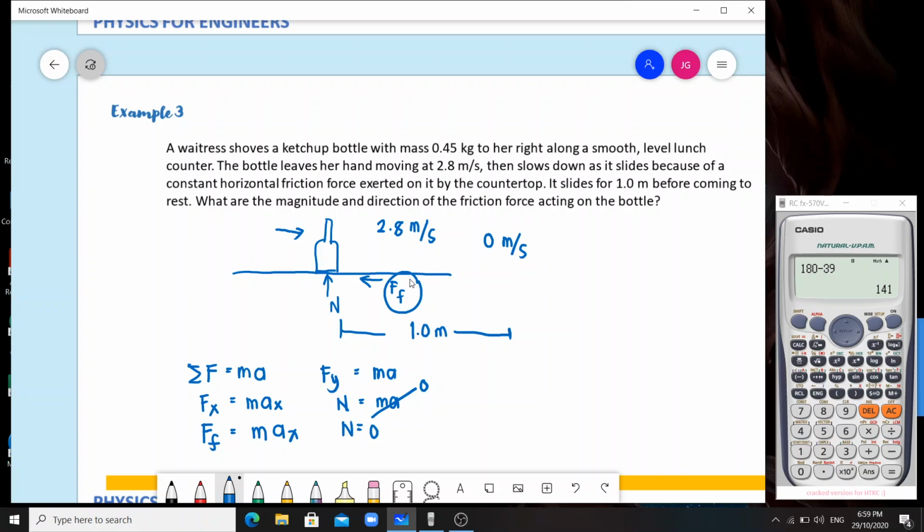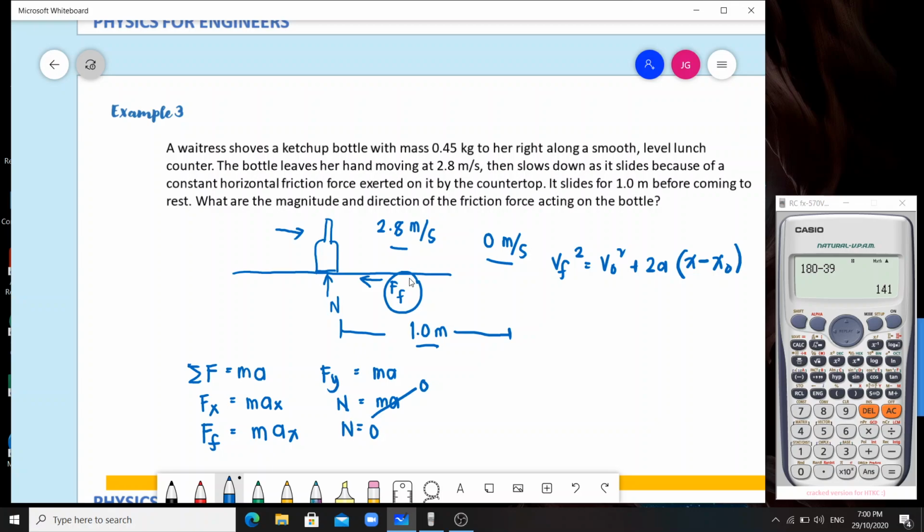Hanapin natin ngayon is the frictional force. Para makuha natin si frictional force, we need MA. Meron tayong mass na given which is 0.45 kg but ang acceleration ay wala. Pero may given tayong initial velocity, final velocity, at saka distance. So, if you remember in kinematics, we have this formula, Vf squared is equals to V0 squared plus 2a times x final minus x initial, 'di ba?